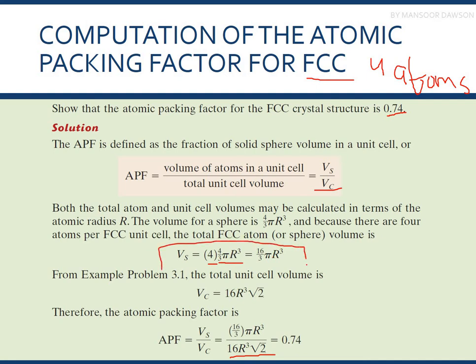This volume of atoms is less than the total volume of the unit cell, since it has empty spaces as well. So we divide the volume of the atoms by the total volume. The r cubed cancels, and 16 and 16 cancel out as well. Solving pi upon 3 root 2, we get 0.74. So this is the atomic packing factor for an FCC crystal structure unit cell.